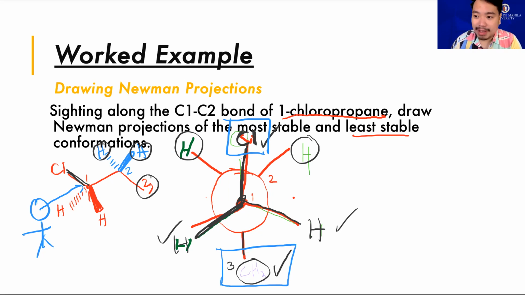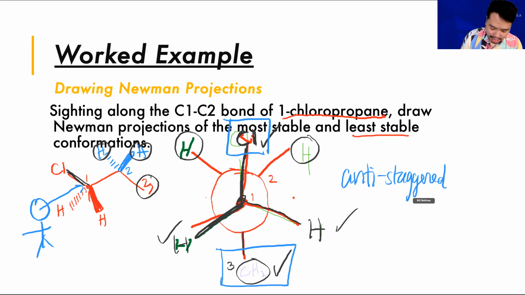A specific name. This is the anti-staggered. Does it fulfill one of the requirements for this problem, to draw the least stable and the most stable? It does, right? It fulfills the most stable conformation.